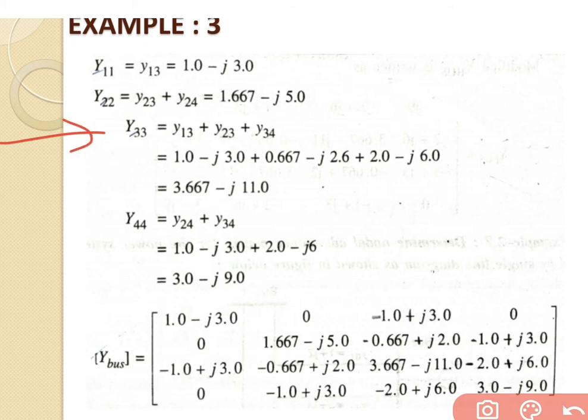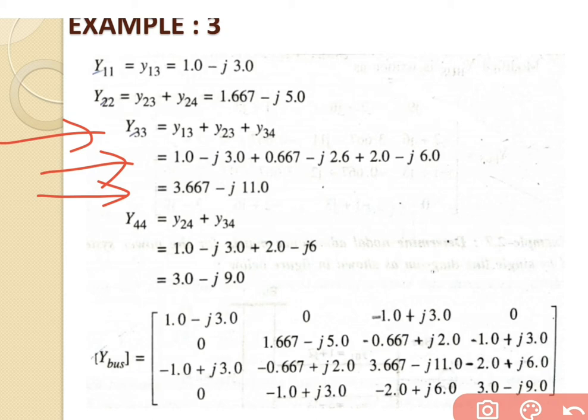We have already calculated the self admittance values for y13, y23 and y34, so just put all the values over here and resolve the equation. The final answer for y33 is equal to 3.667 minus j11.0.